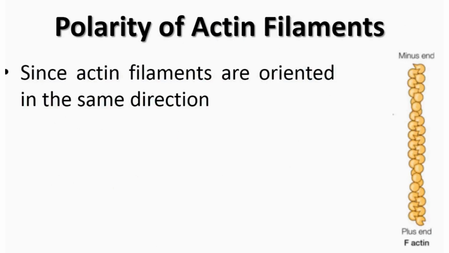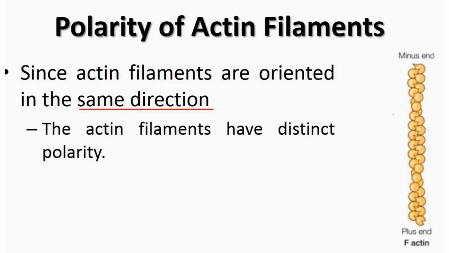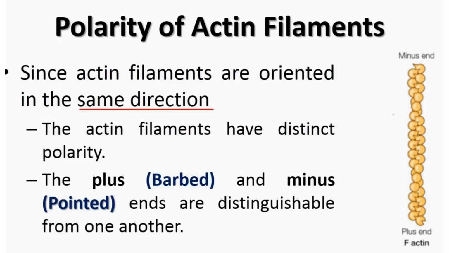At the very outset, the actin filaments are oriented in the same direction. The actin filaments have distinct polarity. As I said, the plus end, also called the barbed end, and the minus end, also called the pointed end, are distinguishable from one another.